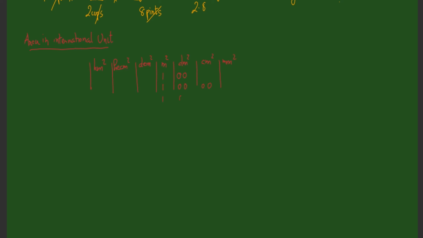It will be 10,000 centimeter square, and a million millimeter square. Similarly, every column, instead of having one 0, you will have two 0s.